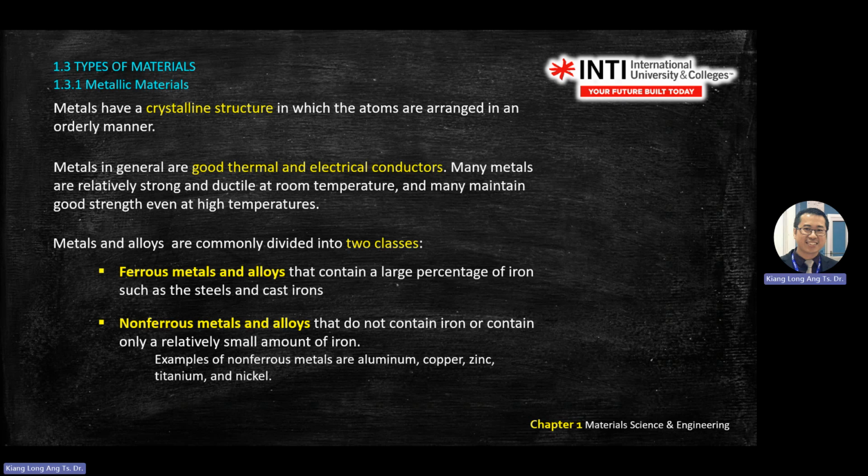Ferrous metal means you have this member, Fe, in the composition. If you don't see ferrum inside the composition, then it becomes non-ferrous alloy or metal. So non-ferrous metals are, for example, aluminium, copper, zinc, titanium, and so on. So these are the general ideas, right?